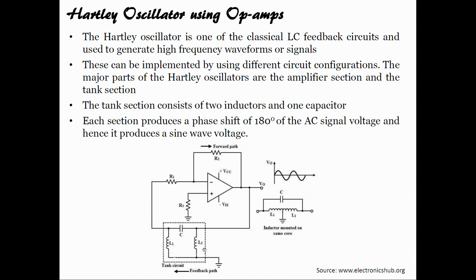This is a tank circuit as we know, and it can be implemented by using 2 inductors and 1 capacitor. Each section produces a phase shift of 180 degrees, and hence it produces a sine wave voltage.